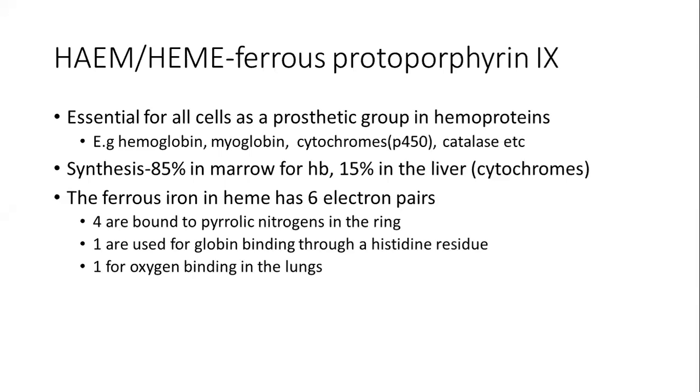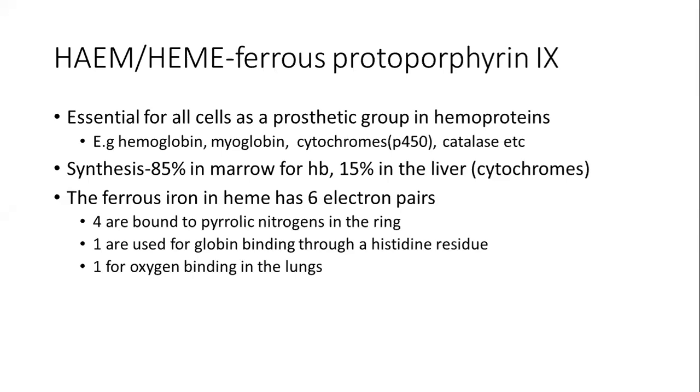So ladies and gentlemen, this is what I'm trying to say, that the ferrous group within the 4 pyrrole rings, or rather ferrous protoporphyrin, has 6 different electron pairs that are essential in anchoring the ferrous ion within the ring. And it also enables the ferrous component to bind onto globin, so that you have hemoglobin.